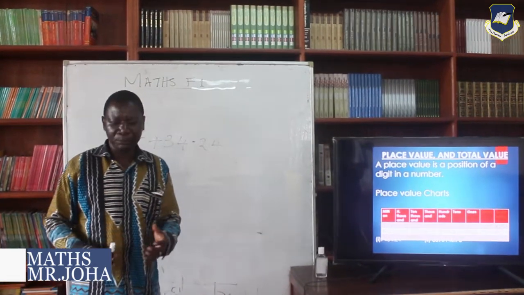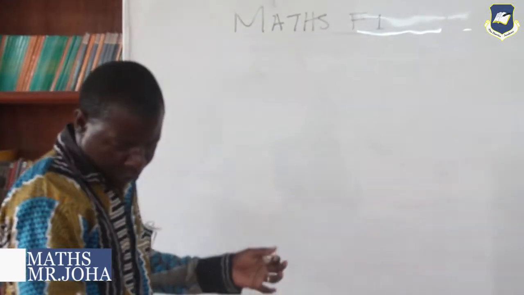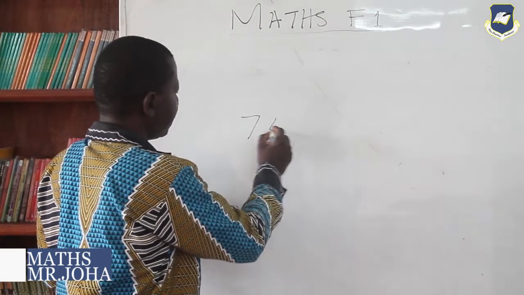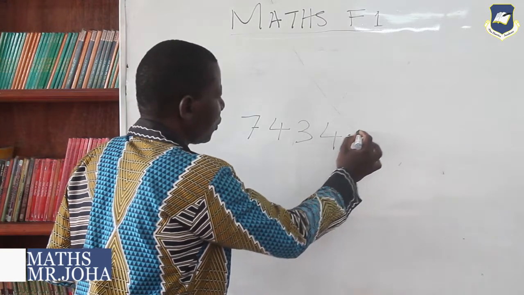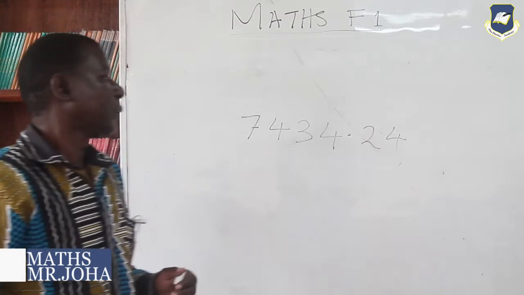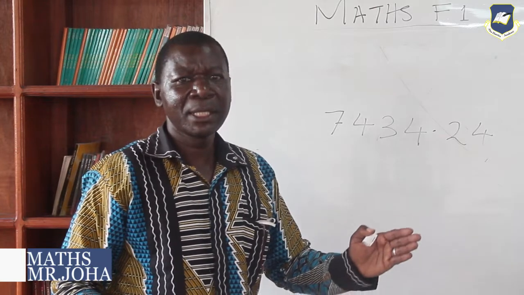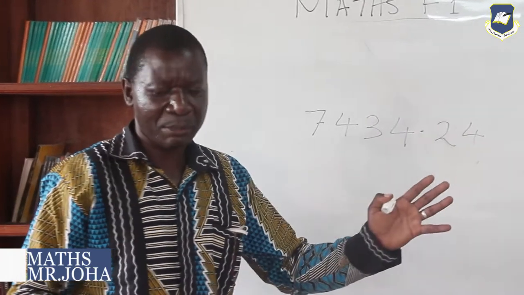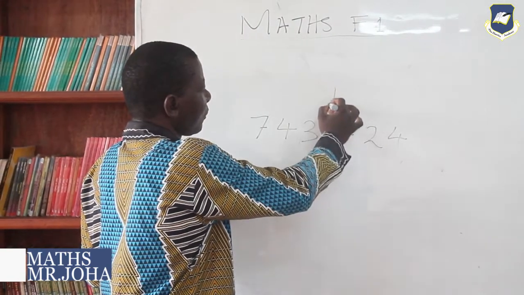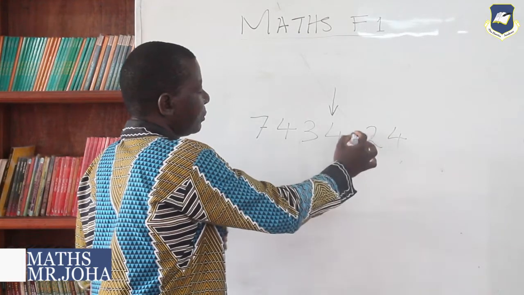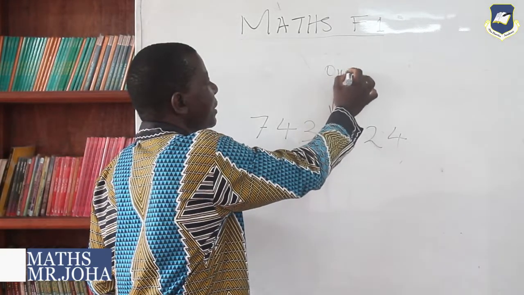Now, giving an example of this number which I have written, 7434.24. We have 6 digits there, but each digit is carrying a certain place in that particular number. For example, this digit here, just closer to the decimal point, is the 1's digit.